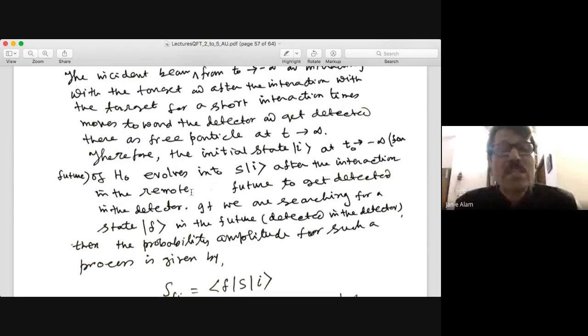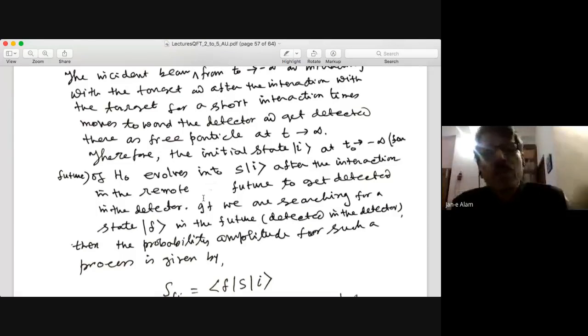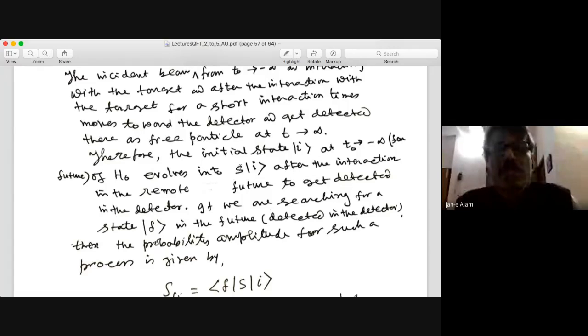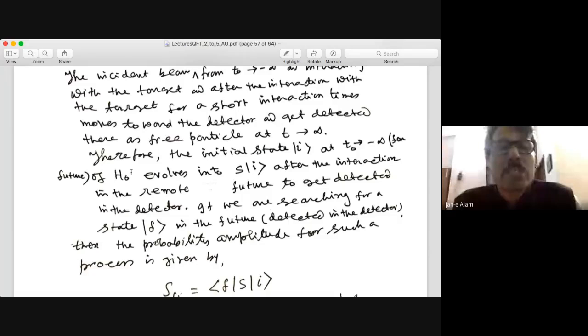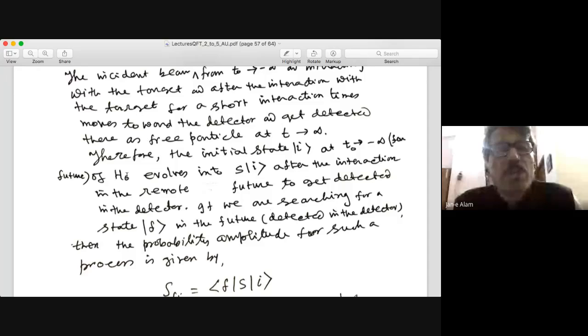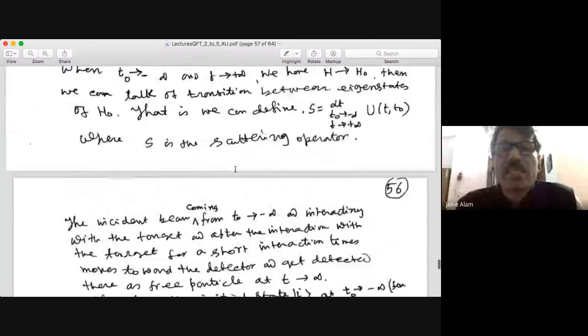After the interaction with the target, it goes to the detector at the far future. Now, this S, which contains the interaction, is responsible for evolving the free state |i>, the state of the free Hamiltonian H_0.